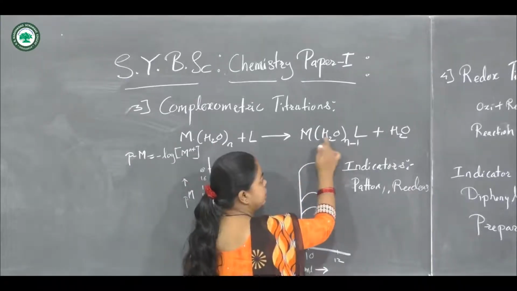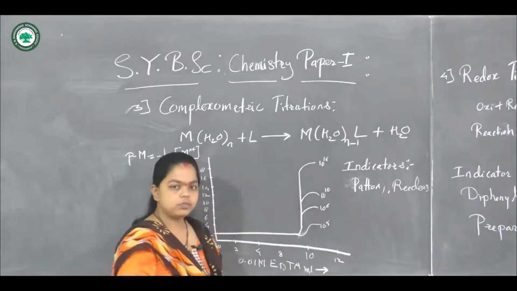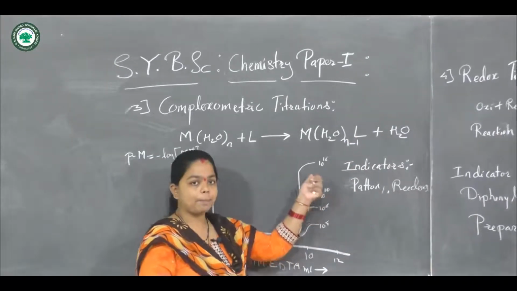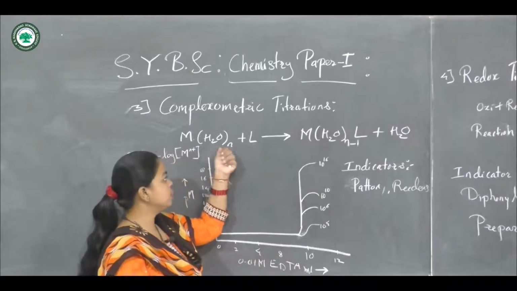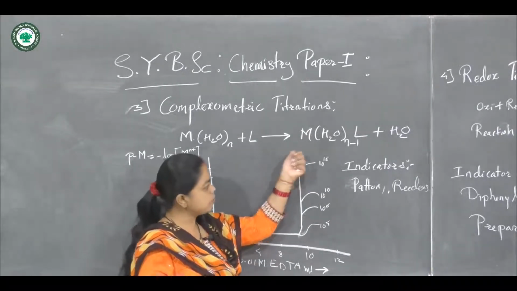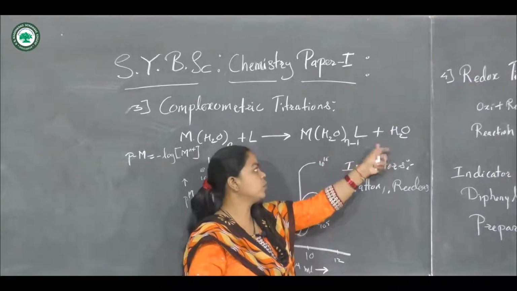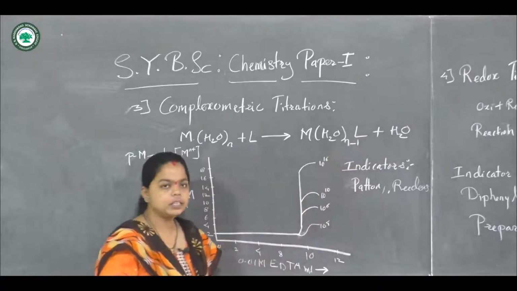So we are getting M(H2O)n-1 L. In this complex, one H2O molecule is replaced by another ligand. This H2O molecule is removed from the complex and one ligand gets added in this complex.